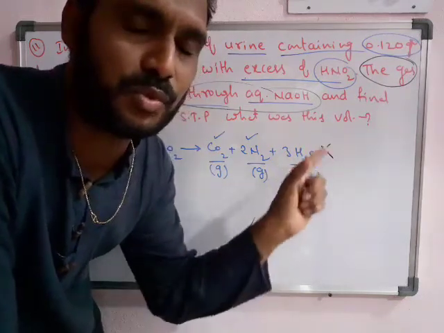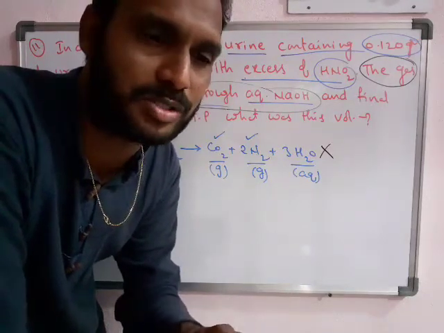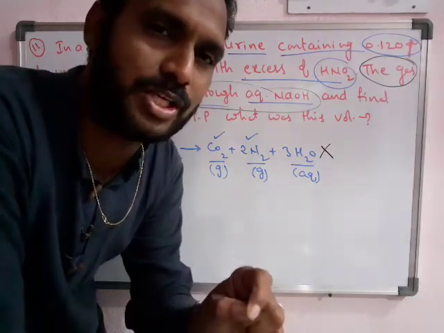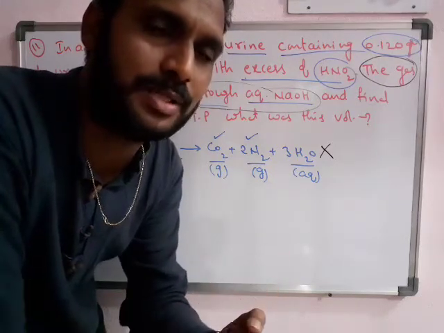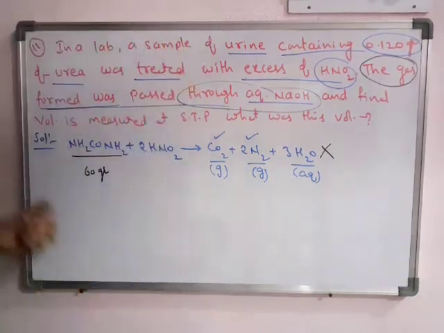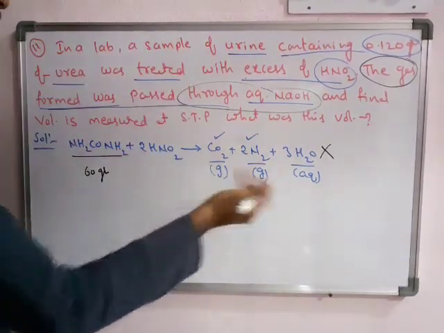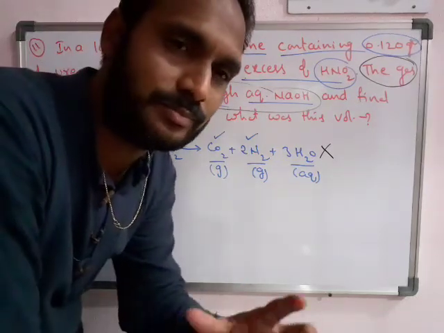In the place of sodium hydroxide, there is also the possibility of giving potassium hydroxide. The aqueous potassium hydroxide and aqueous sodium hydroxide absorb the gas. Whatever is formed is released out, and released out means it is absorbed by NaOH.